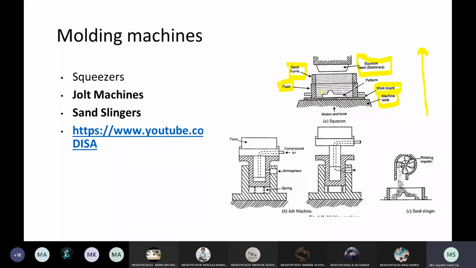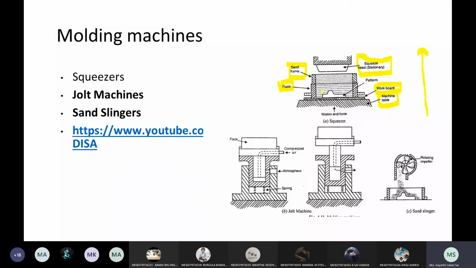After fixing the flask along with the sand frame, now you fill it with sand. There will be a hopper. From the hopper the sand will fill the flask and the sand frame; these two boxes will be filled with sand, right?